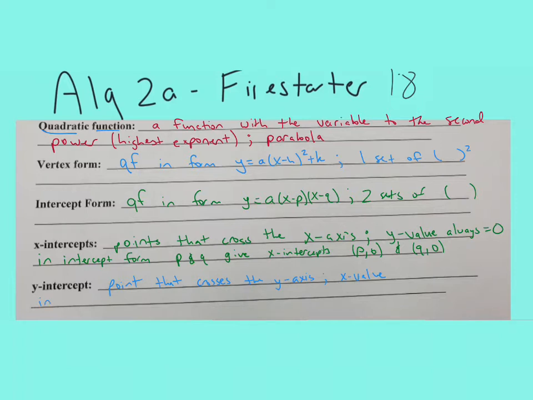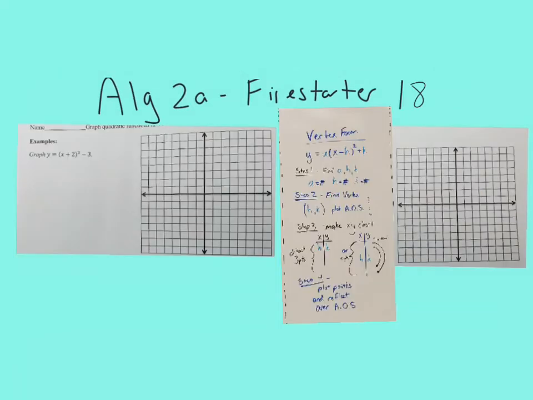In vertex form, in your XY chart, choose x equals 0 to find the y-intercept. So they are slightly different. Alright, that's it.